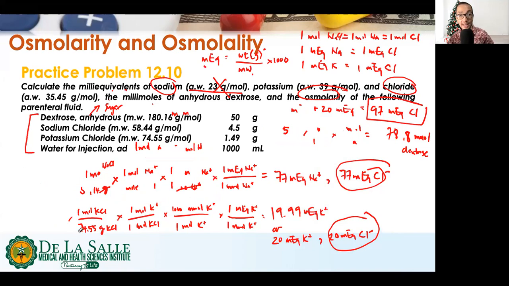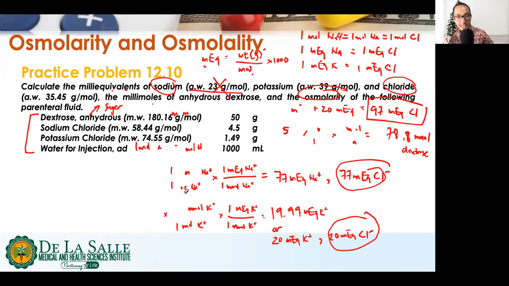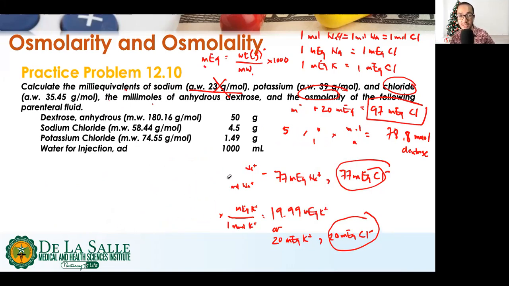Unlike millimoles and milliequivalents, you can add the milliosmolarity if it comes from different sources. Again, remember that osmolarity is only dependent on the number of particles. It is not dependent on the type of solute that is present. So whoever the solute is, you can add their osmolarity, or their milliosmoles per liter.